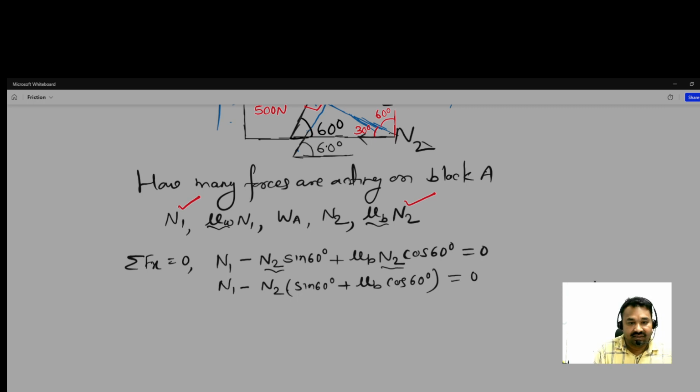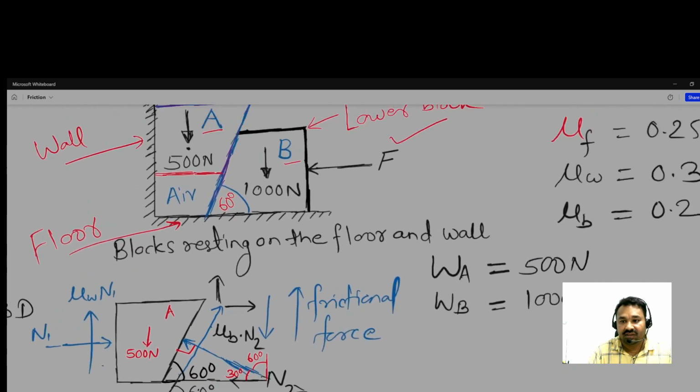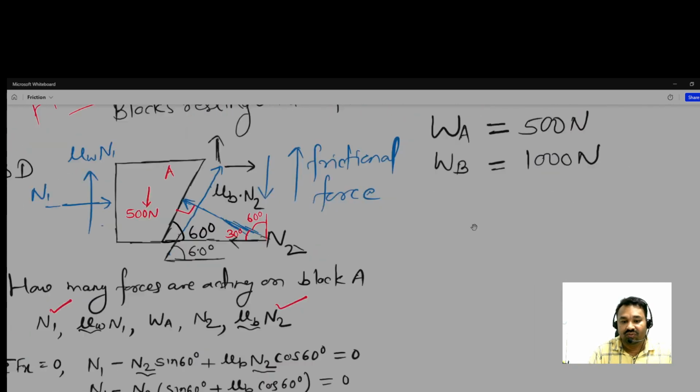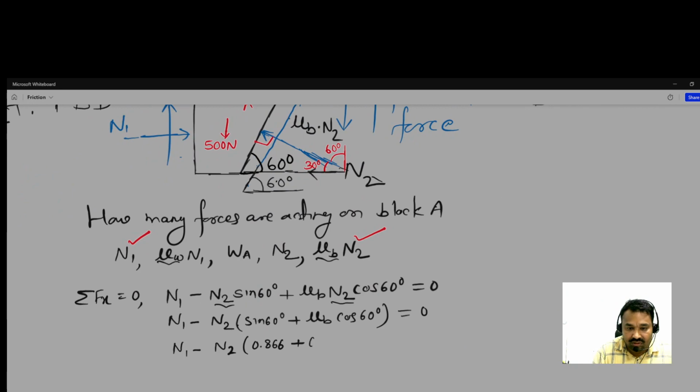So we get N1 minus N2, then sin 60 means 0.866 plus mu b, which we can see here is 0.2, and cos 60 means 0.5, is equal to 0.